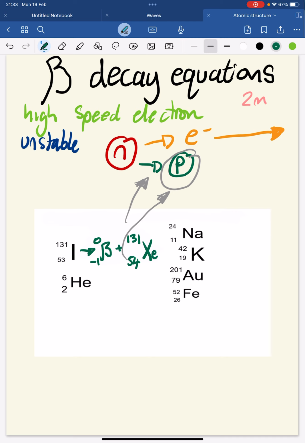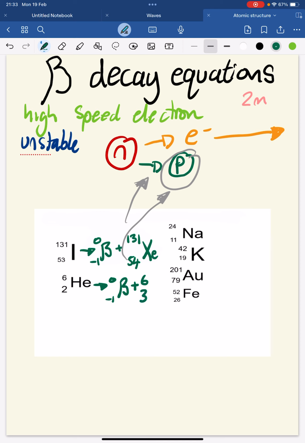We'll do one more together. Helium. It emits a beta particle. The new element it gets turned into must have an atomic mass of 6, but a proton number of 3.